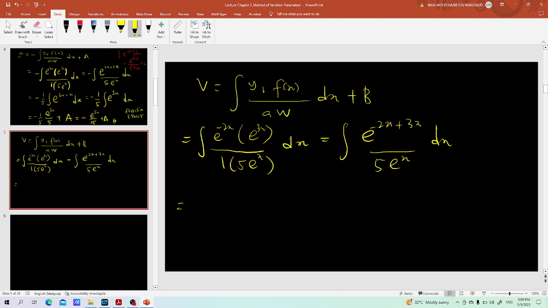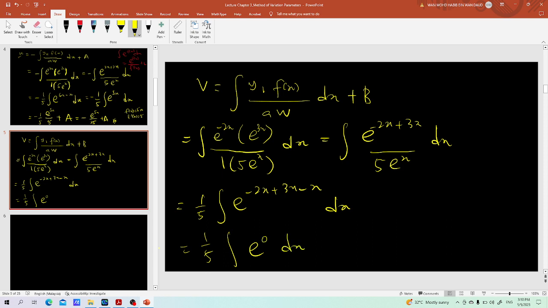We apply the index law here, so we have 1 over 5 integral of e^(-2x+3x-x) dx, which is e to the power of 0, which is 1.